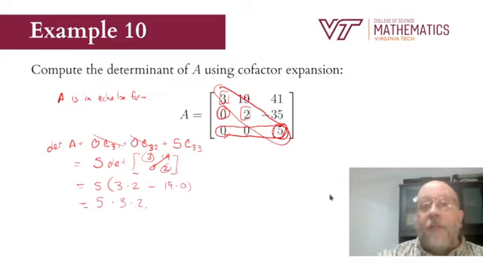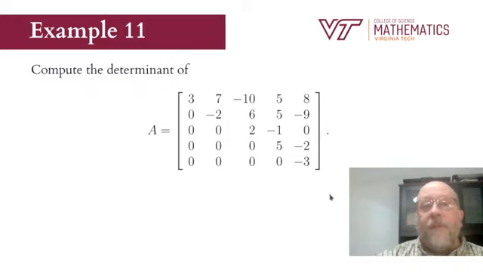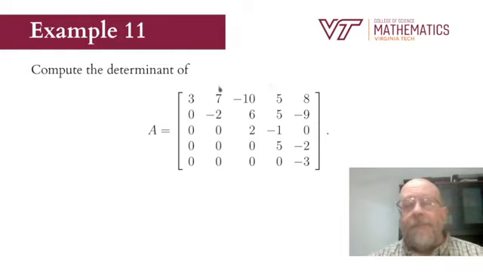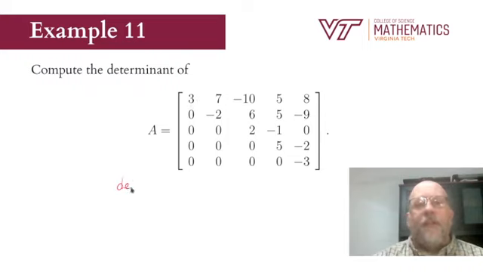And that's a useful trick, because if we get to larger and larger matrices, then if the matrix is in echelon form, we can compute the determinant really easily. The determinant of this matrix is 3 times negative 2 times 2 times 5 times negative 3, which is negative 6 times 10 is negative 60.